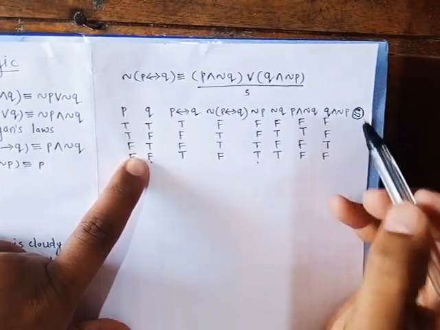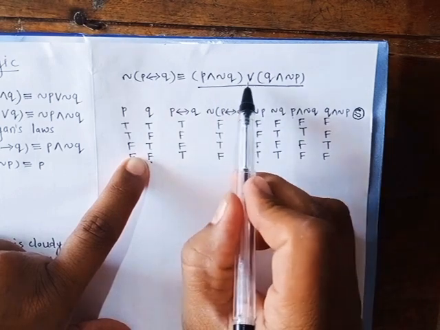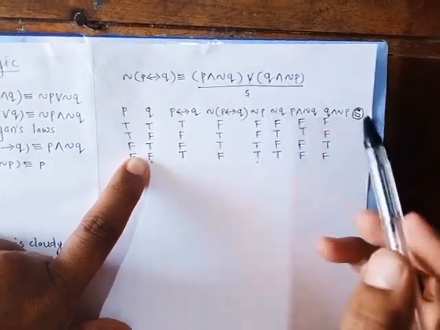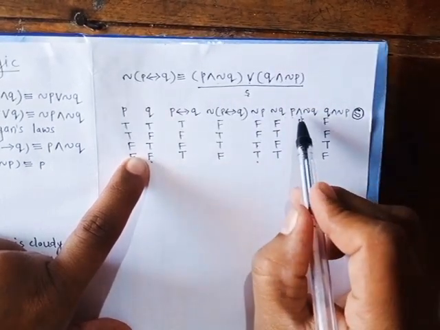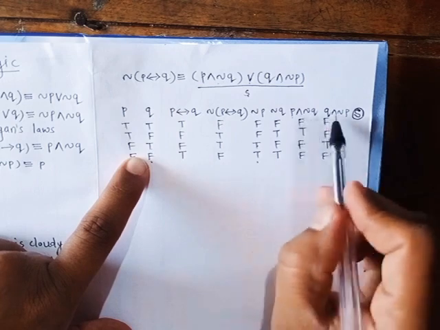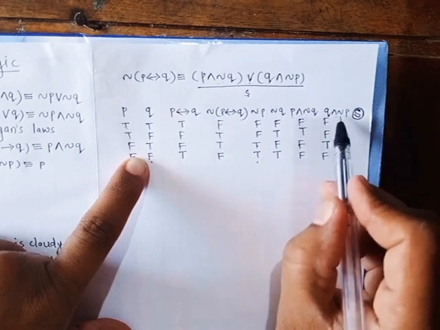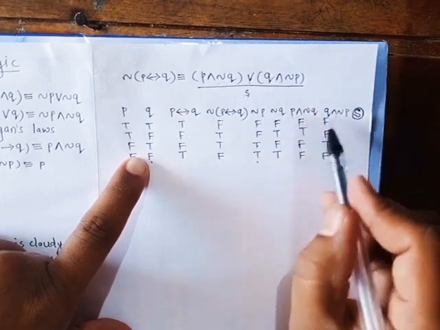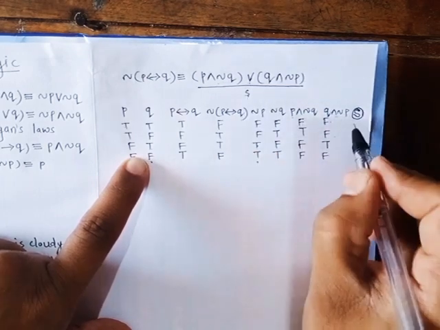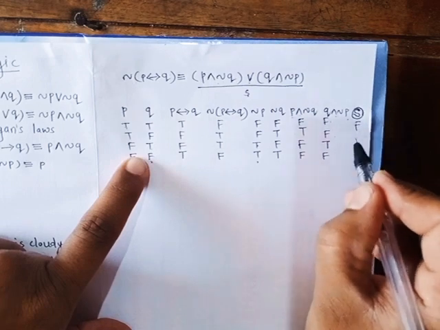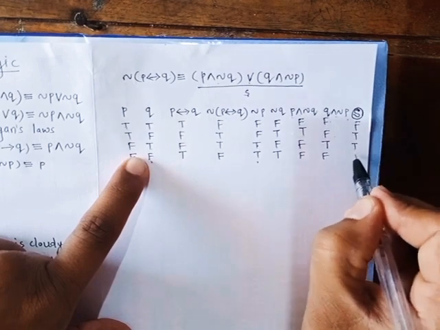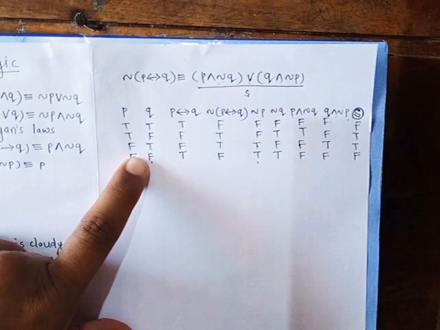Now we have to take the disjunction of these two statements. What is the rule for disjunction? Both are false, then false, otherwise true. So here we have false, true, true, false.